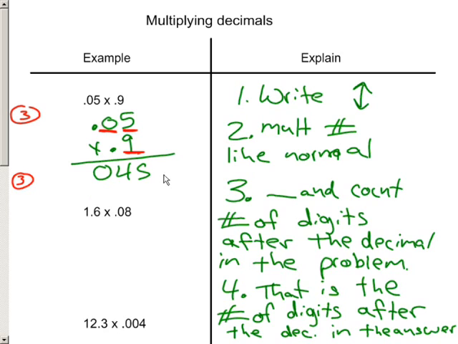So we're going to start this way and work backwards. So I'm going to say 1, 2, and 3 and place my decimal. Now if you have to go over and you run into blanks, you're just going to add zeros as placeholders. Let's double check. 1, 2, 3 after the decimal in the problem. 1, 2, 3 after the decimal in the answer.